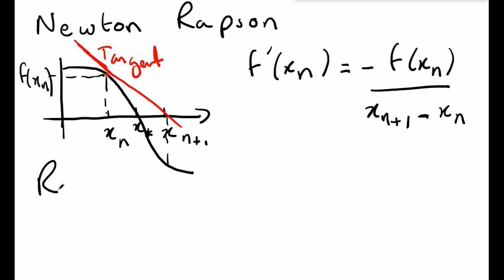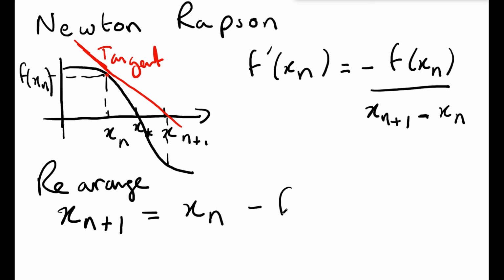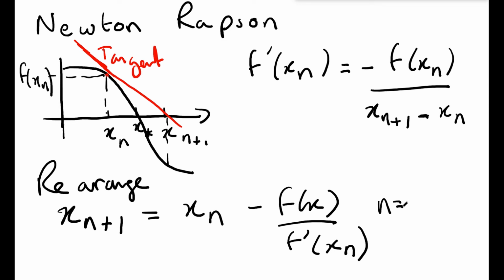Then we rearrange that formula to give xn plus 1 in terms of xn. So we have xn plus 1 equals xn minus f of xn over f prime of xn. Then we do that for all our values, n is 1, 2, whatever, and we iterate to convergence.